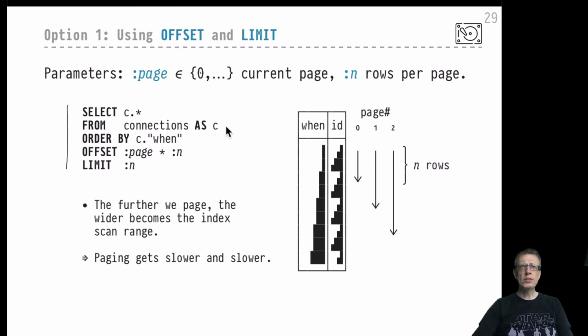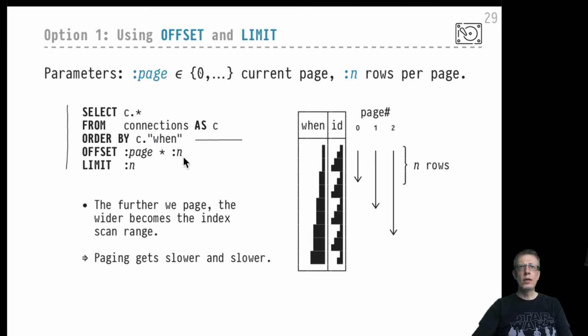So of course we would access the connections data. We would of course establish a when order on that, because we want to display and access all this connection data in timely ordered fashion. All right. Then we would use this offset clause to skip most of the rows of the connections table, right? In this ordered arrangement of the connections, and skip to the row with number page times n.